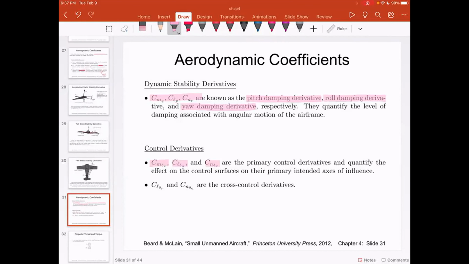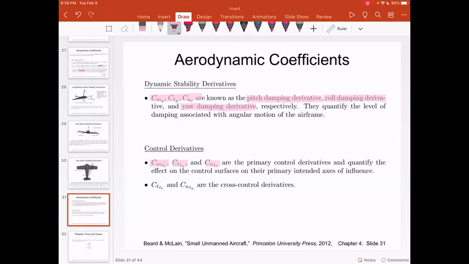Now here is something I want you to understand very quickly. M is the moment about the pitch axis. So M delta E is the control surface that is controlling pitching.